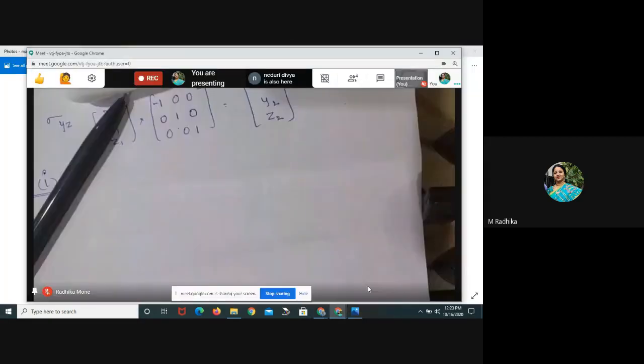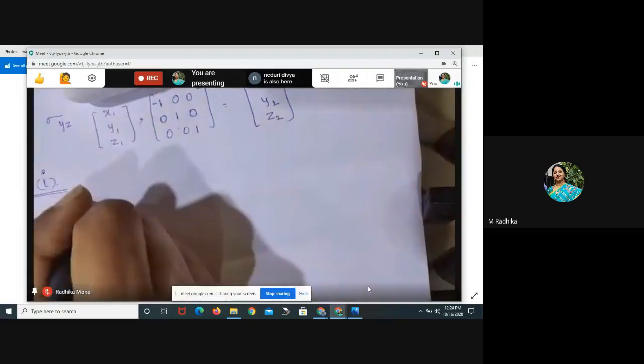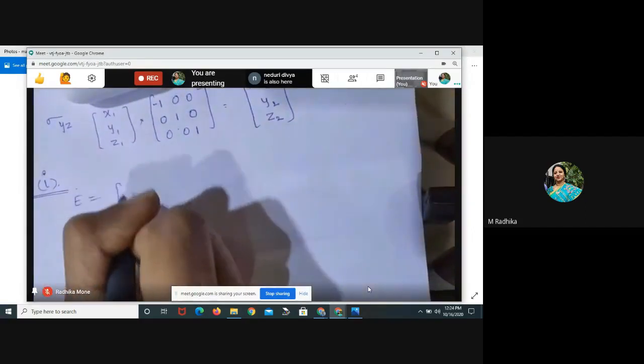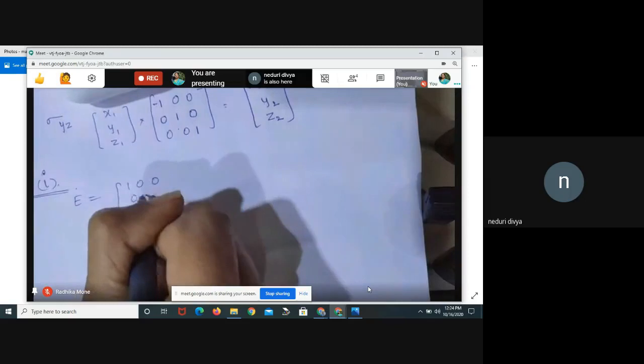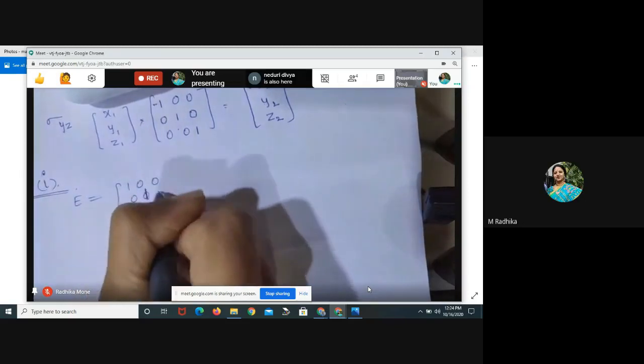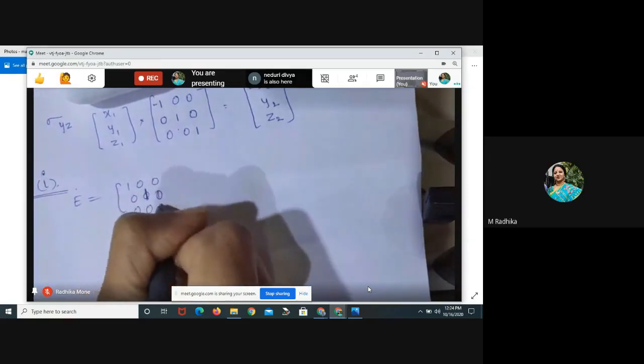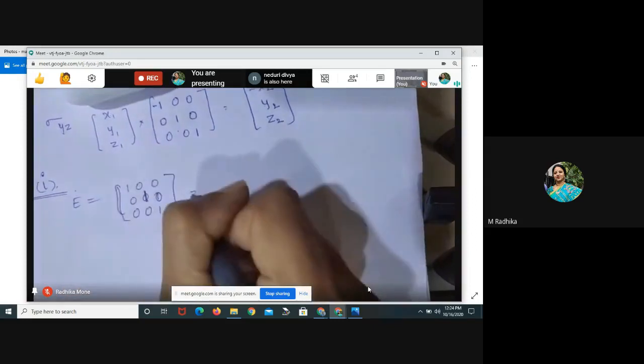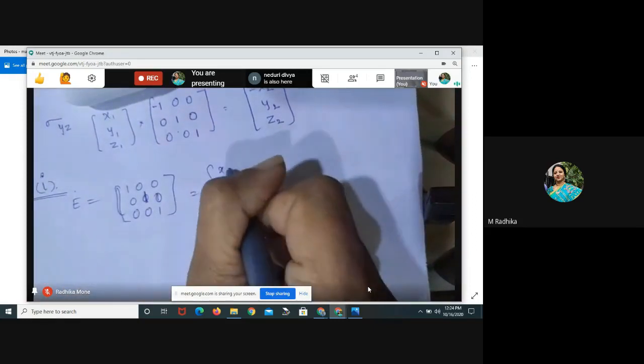So how can I get minus to all the things? So what was the identity? E was 1, 0, 0; 0, 1, 0; 0, 0, 1. Then only I got the exact same thing x2, y2, z2.